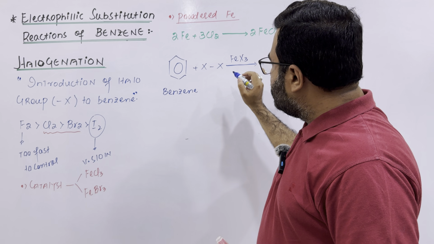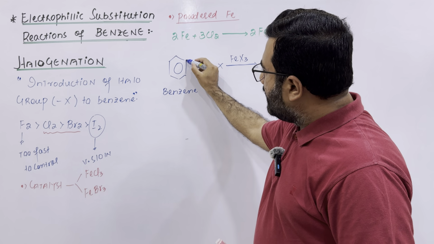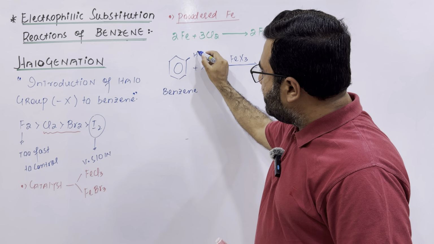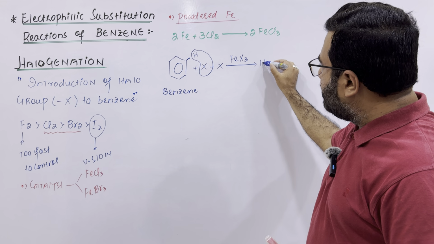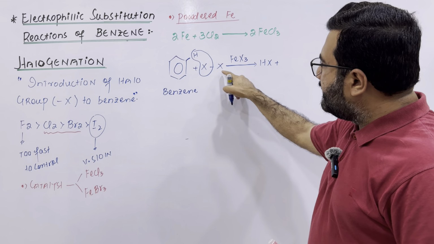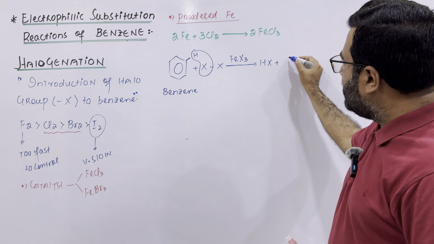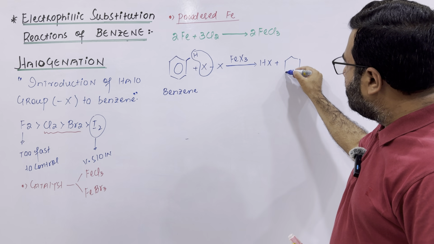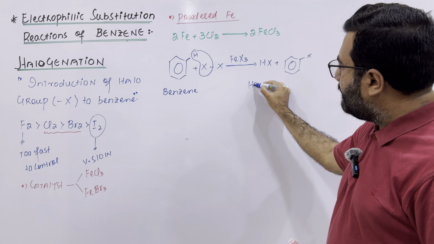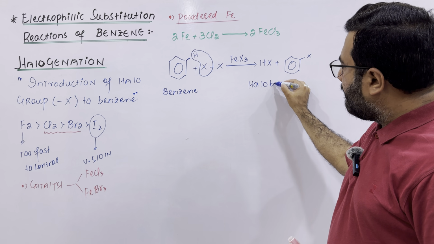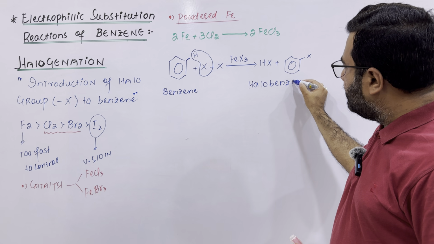My dear students, from one corner of the benzene, the hydrogen will combine with halogen, it will form HX, and this halo group will be introduced to the benzene ring, and that will be changed to the halobenzene.